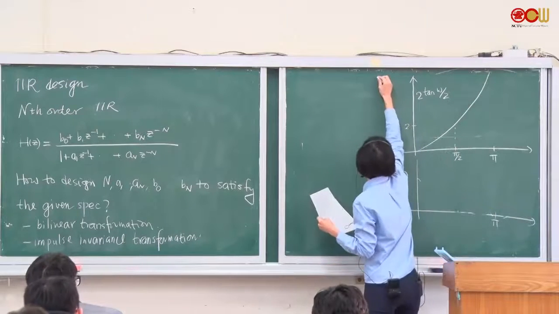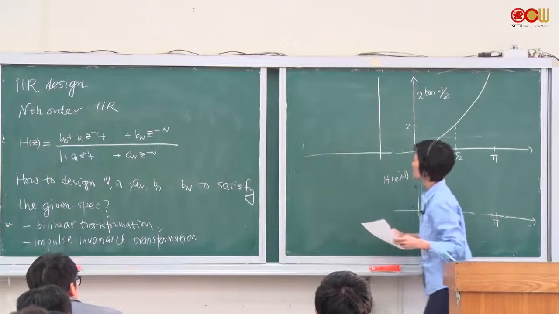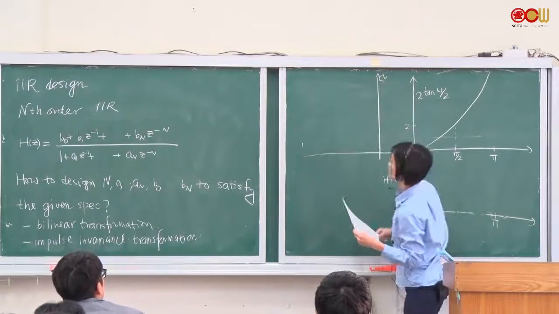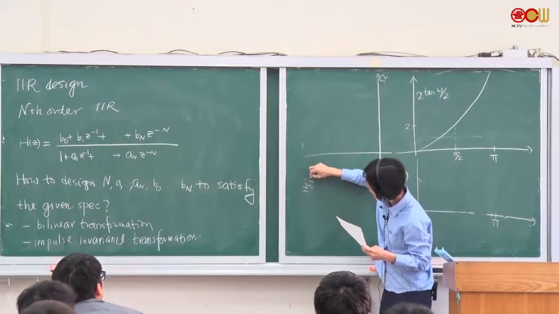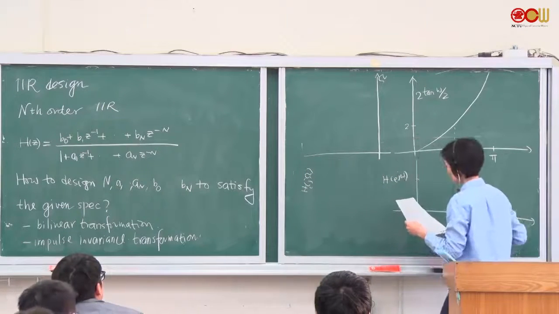And let me draw it. Now you have to look sideways, okay? Suppose this is omega, and this is H_C(jΩ). And then the filter looks like this.